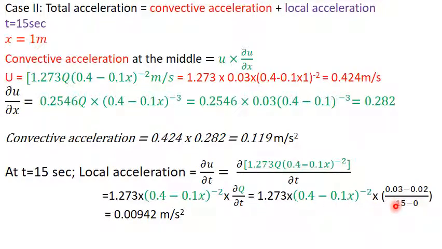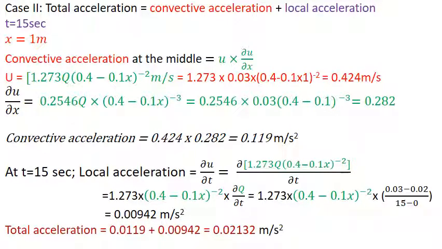So change in time is 15 minus 0. So the local acceleration value comes to 0.00942 meters per second square. So total acceleration is the sum of convective acceleration and local acceleration. So that comes to 0.02132 meters per second square.